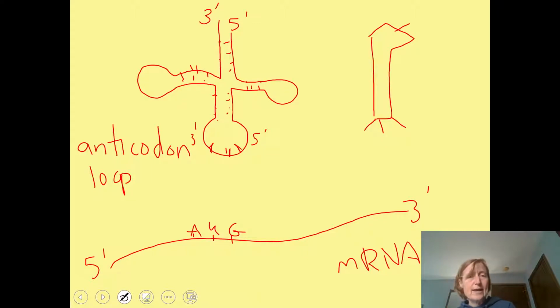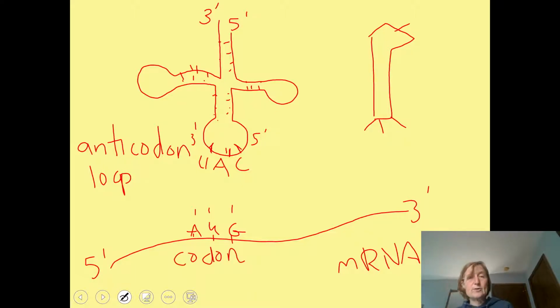So instead of an A, it will have a T. Oh wait, it's not a T. Oh, a U. Instead of a U, it will have an A. Instead of a G, it will have a C. So my tRNA molecule, in this case, its anticodon loop is UAC, and it complements with the codon AUG on an mRNA molecule.